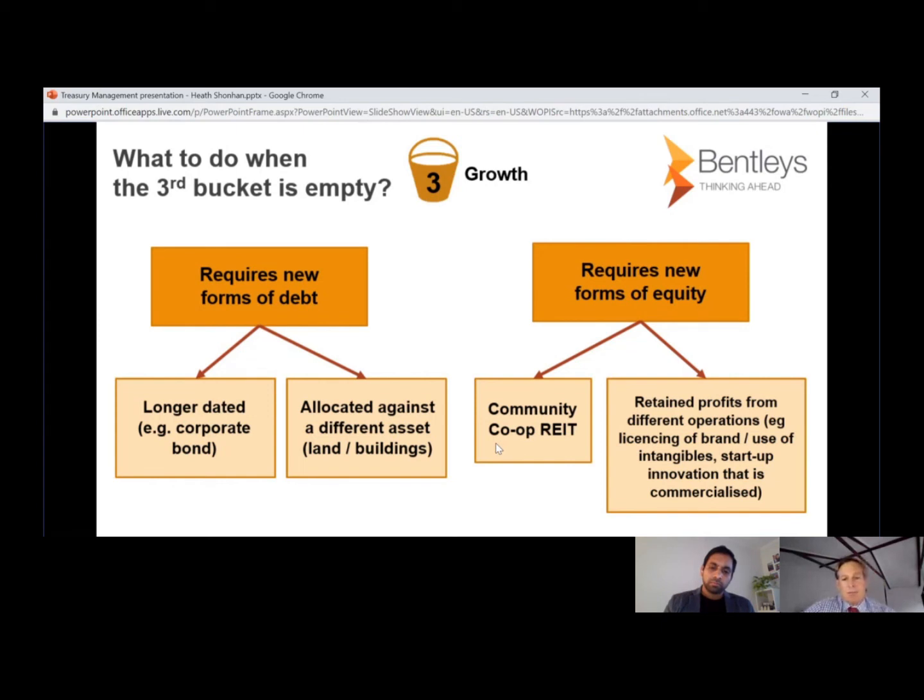But it's a REIT that perhaps you as a provider are also an owner in, and perhaps your residents or communities that you operate in are also owners in it.